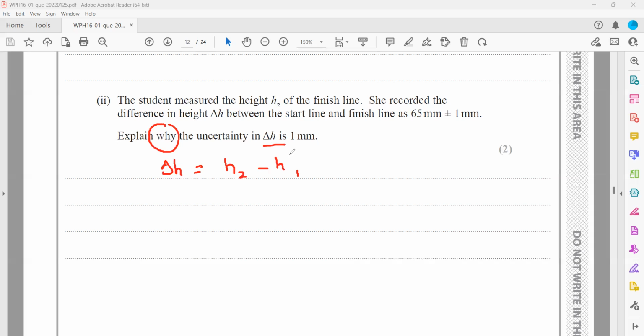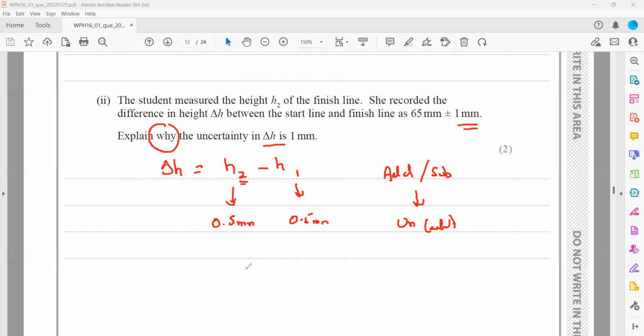Here we have to say why the uncertainty of delta H is 1 millimeter. It means whenever quantities are added or subtracted, the uncertainty always adds. Because we are using a ruler, the uncertainty in measurement of H2 will be 0.5 millimeter, and the uncertainty in measurement of H1 is also 0.5 millimeter.